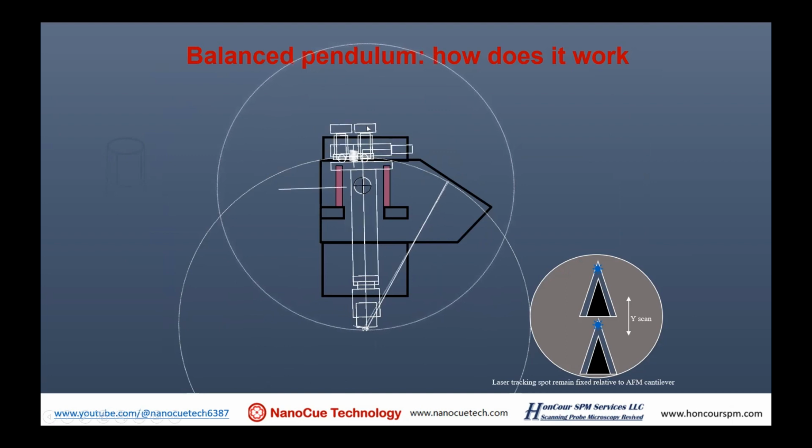You adjust these two knobs to adjust the laser so it points to the back of the cantilever. Then the laser bounces back to this point, and we put a detector there to detect the laser spot. I want you to keep that picture in your mind, so when you adjust things, you know what you're adjusting and what you're aligning. That's basically it.